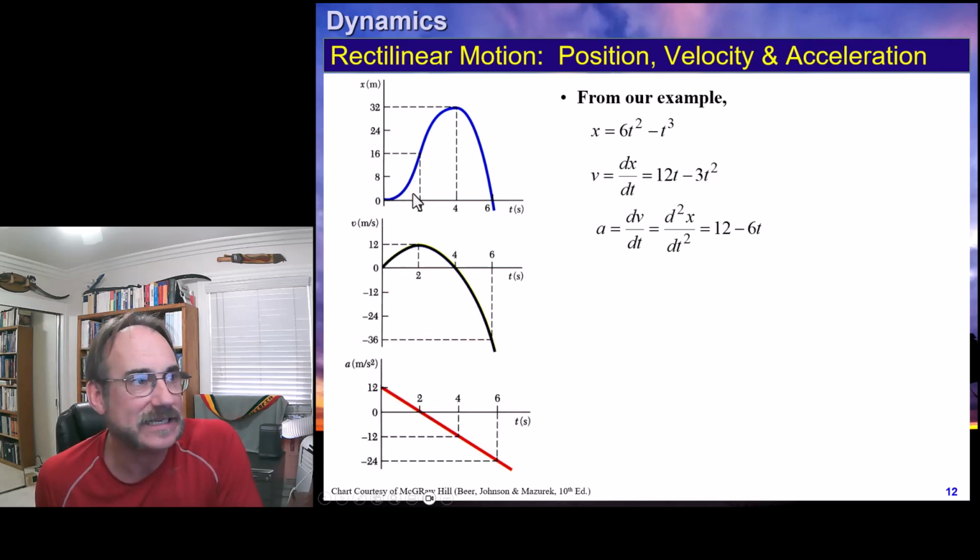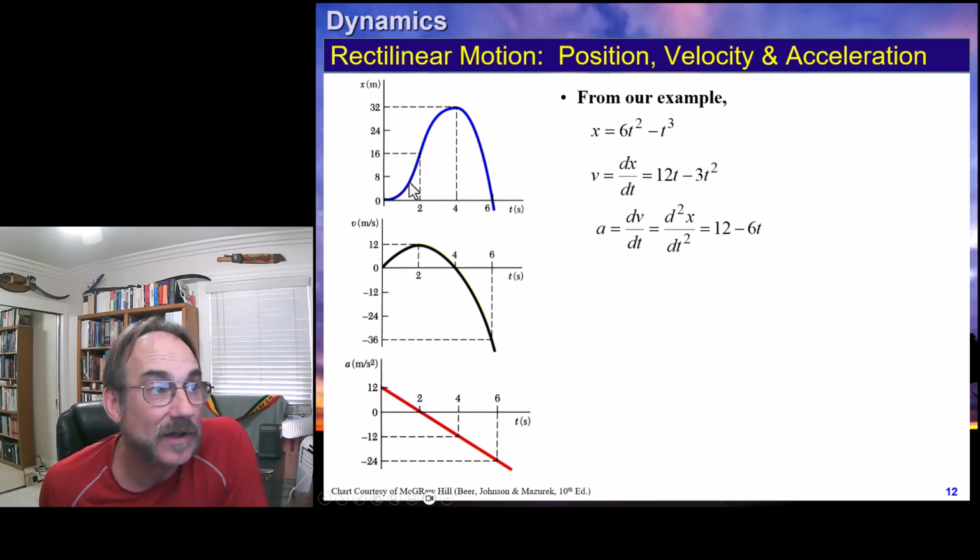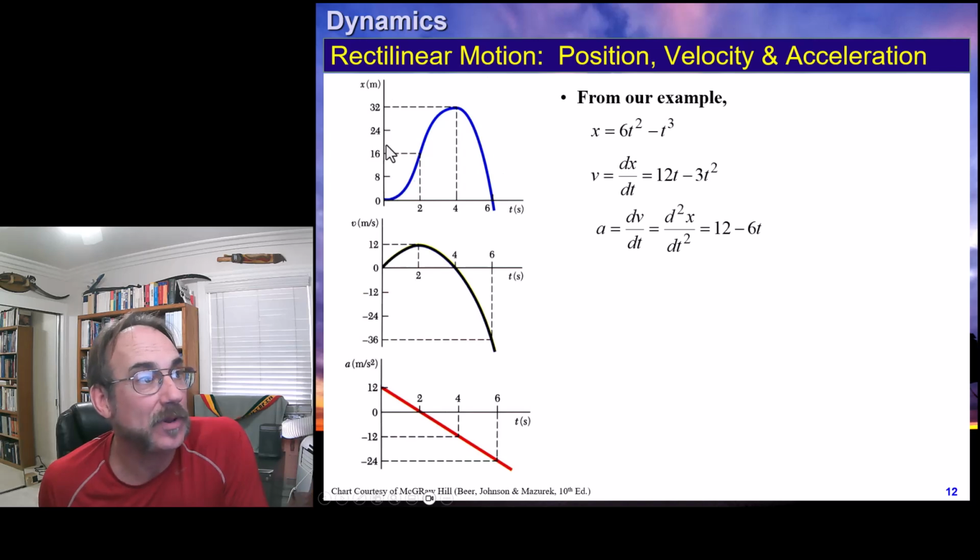All that means is that the velocity is the slope of the x curve. If we plot x on one axis and t on the other, then whatever point it is, that's the position with respect to time, the velocity is just the slope of that curve.